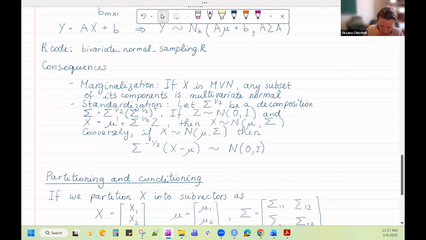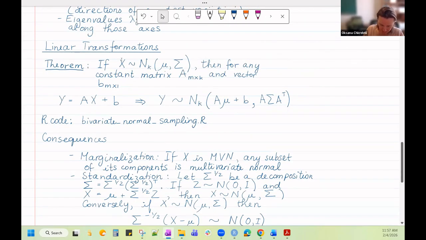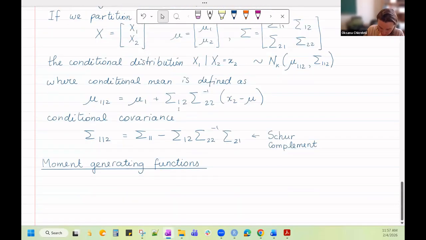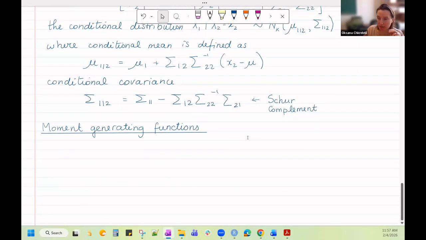We're going to try to prove this theorem that I introduced earlier about linear transformations of multivariate normal random vectors. One of the tools that we use for that is the moment generating function. Like the probability density function or the cumulative distribution function, the moment generating function uniquely determines a distribution. But sometimes it's easier to work with than the probability density function for proving certain results. In fact, for homework 1, question 2, you'll be using this moment generating function to prove the theorem on linear transformations.